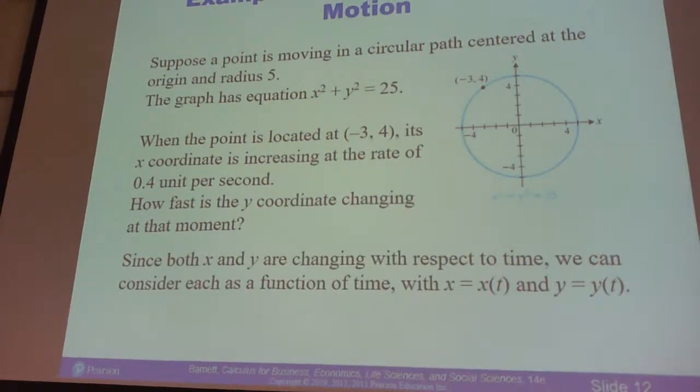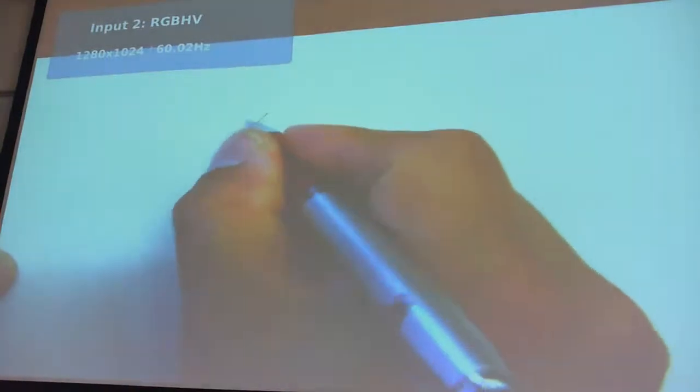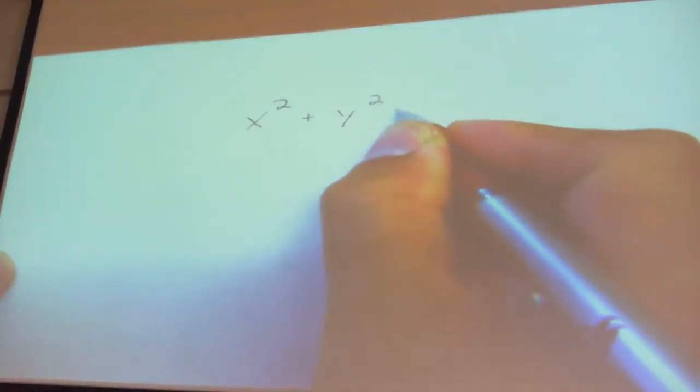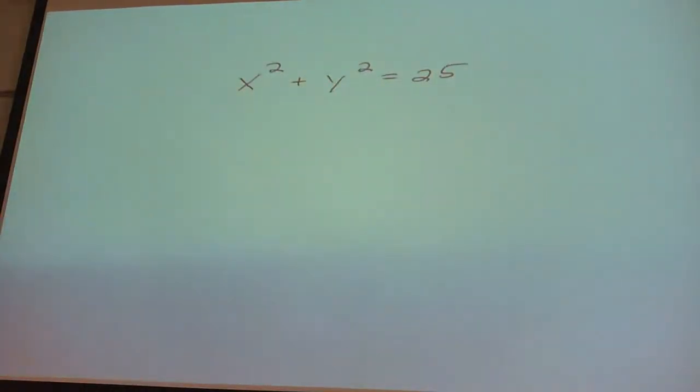So let's take this nice and slow. First of all, we're given the equation x squared plus y squared equals 25. That's what you're given. Let's start with that. They should look very familiar, just like the last two. We want to know how things are changing, rate of change.